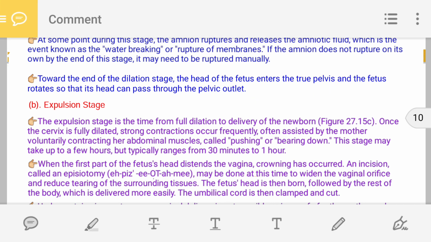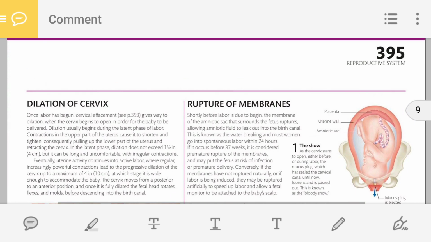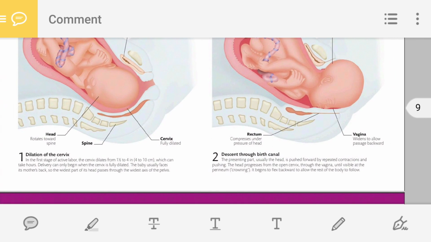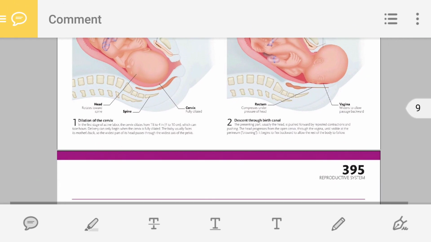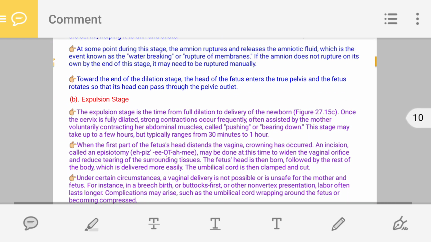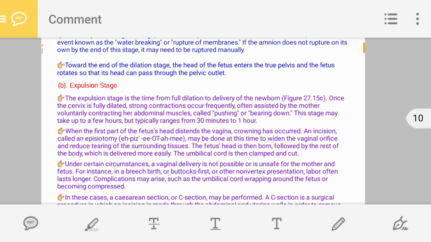So I will show you this, the head rotation in the figure. With this you can see how it is pointed toward this and how it has rotated over here. So the delivery becomes very easy. So this point we have discussed.